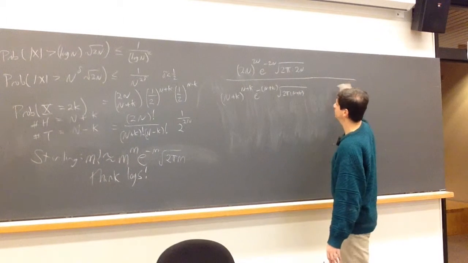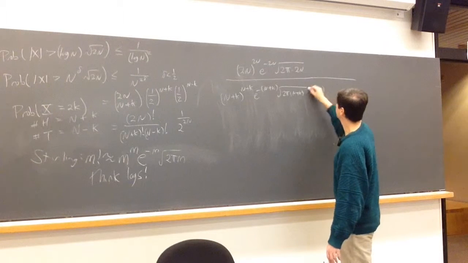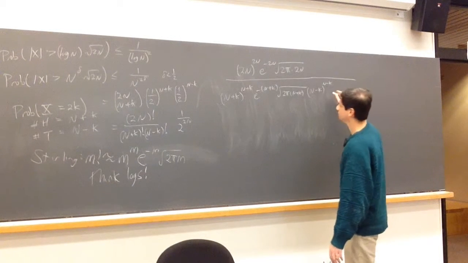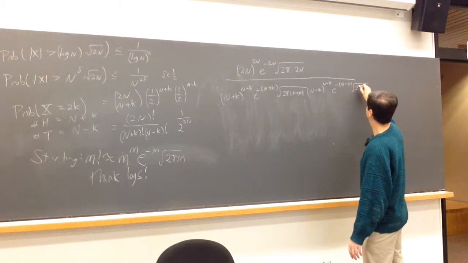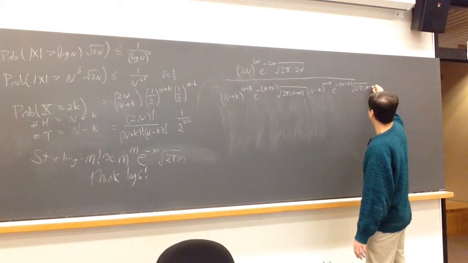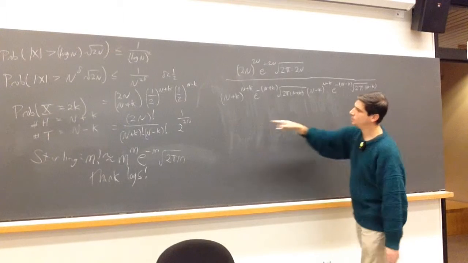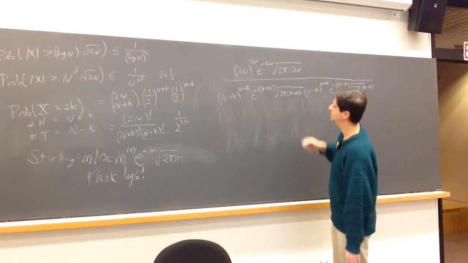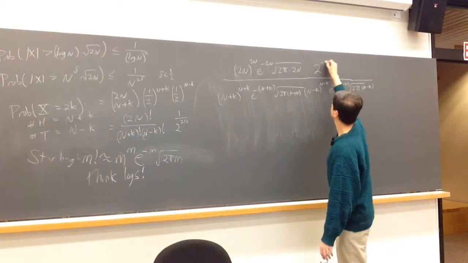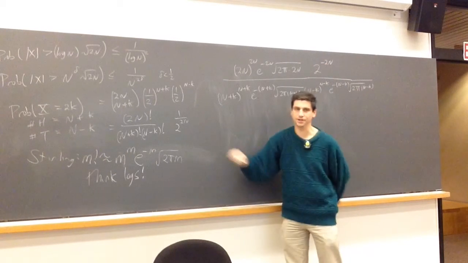Then we'll have n minus k to the n minus k e to the negative n minus k square root of 2 pi n minus k. And now we also have the 2 to the negative 2n from this piece over here.